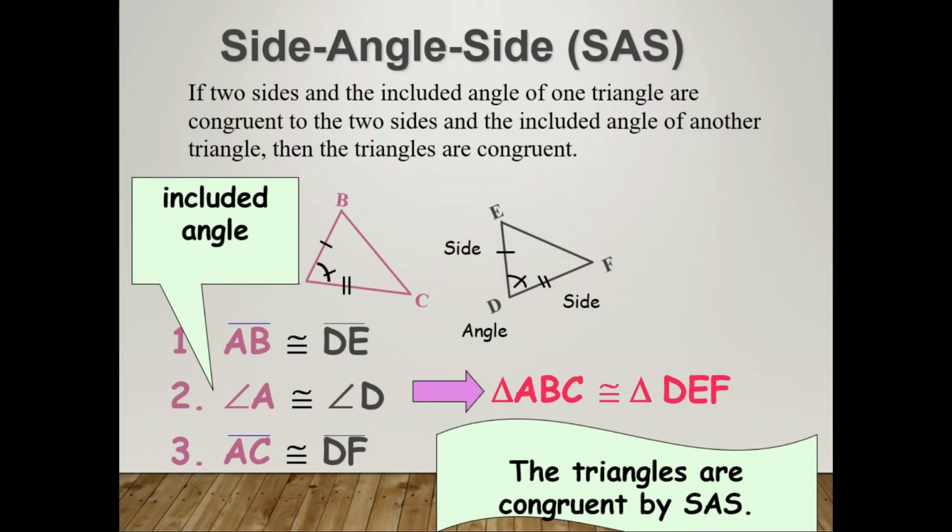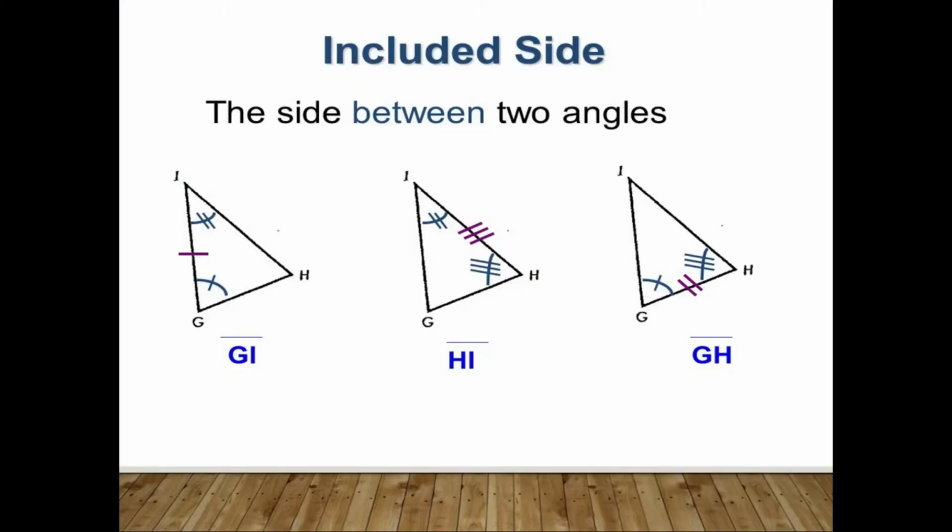So for the last postulate, before we discuss the ASA, let us define included side. Kasi gagamitin din natin yung idea ng included side in proving ASA congruence postulate. So if included angles are angles between two sides of a triangle, so what is included side?